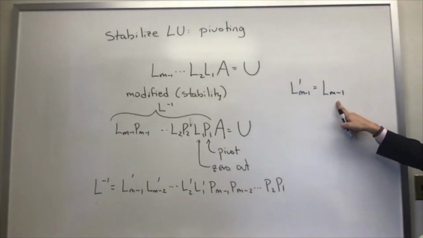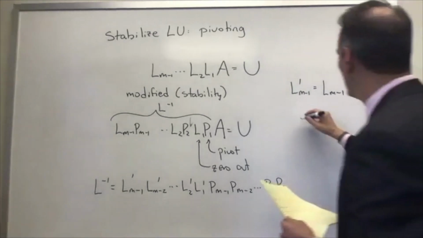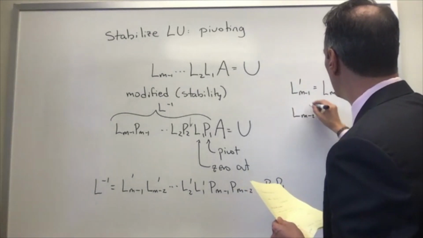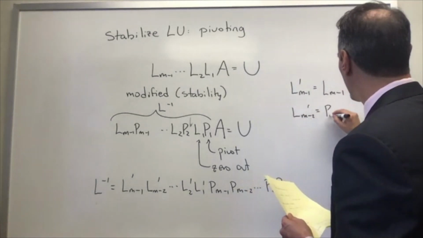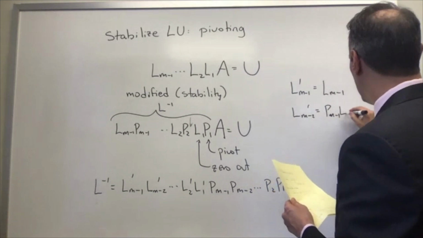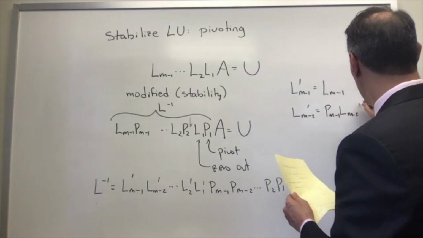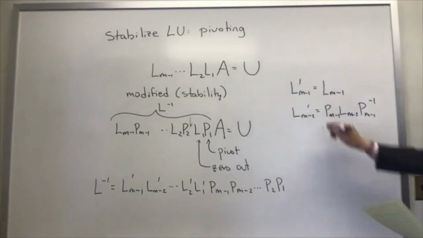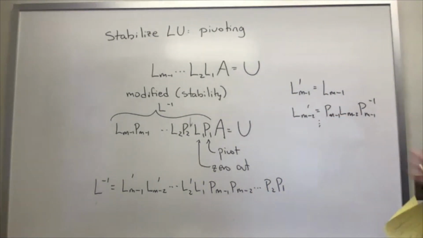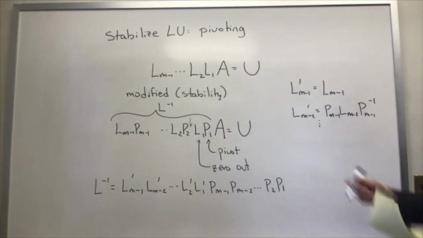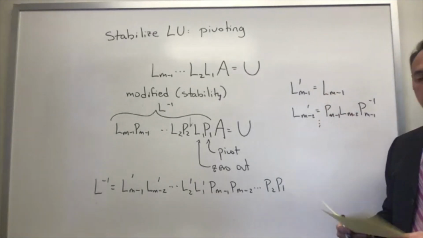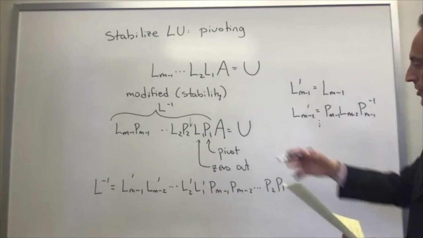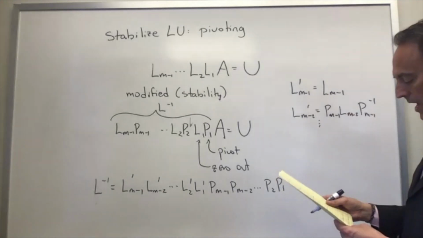So that's the same. The L minus 2 prime is equal to permutation M1, L minus 2, permutation M1 inverse, and so forth. So there's an explicit formula that allows you to have this nice structure here, which allows you to do this inversion in a very nice way.